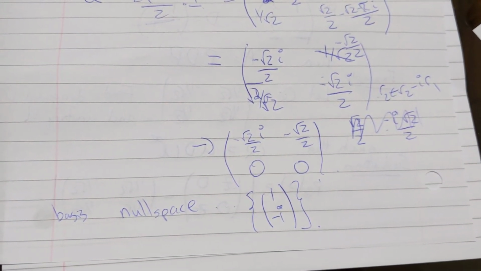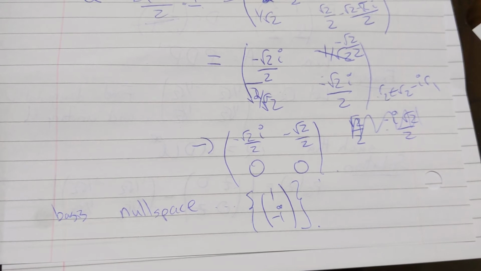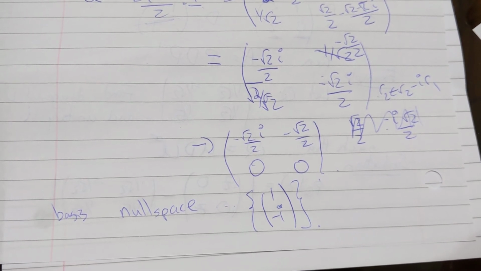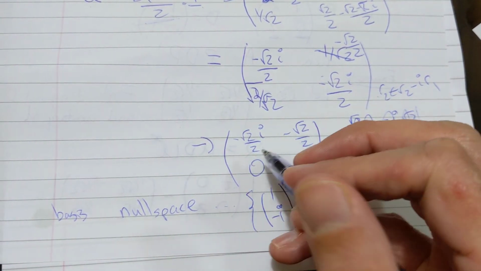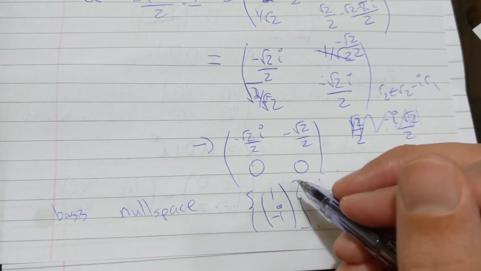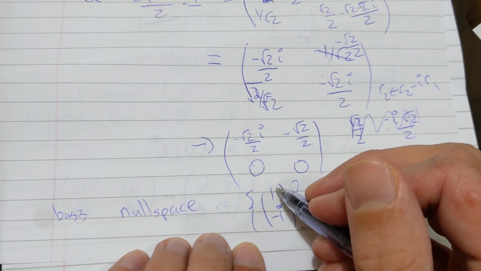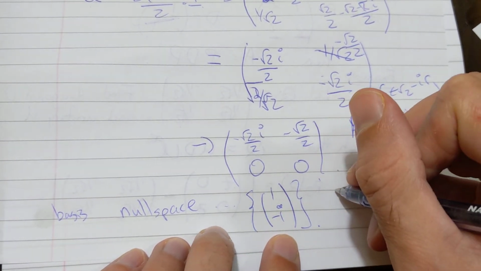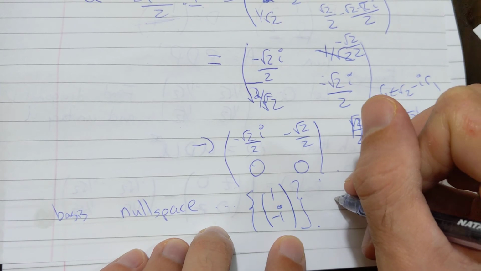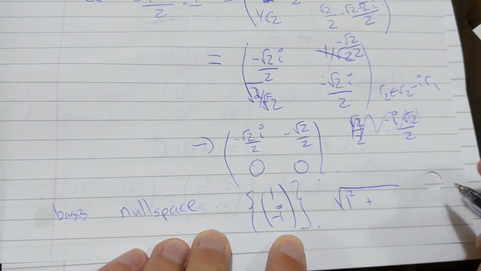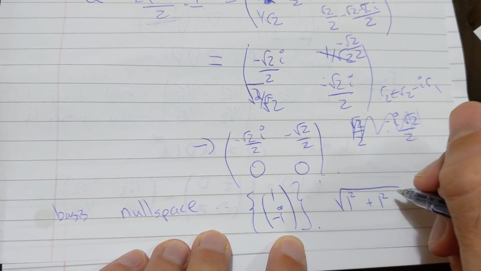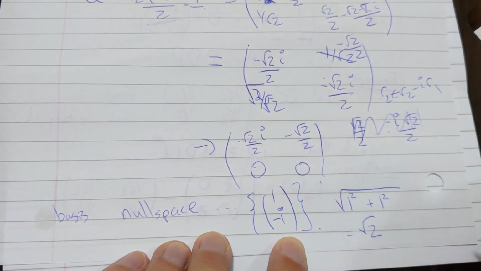Now, since we want a unitary matrix, we need to find an orthonormal basis consisting of eigenvectors, so we need to divide by the norm of this vector. The norm of this vector is the square root of 1 squared plus 1 squared, which is root 2.